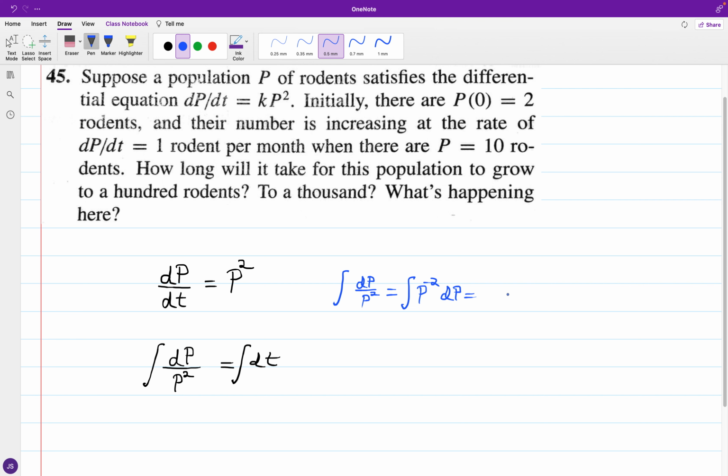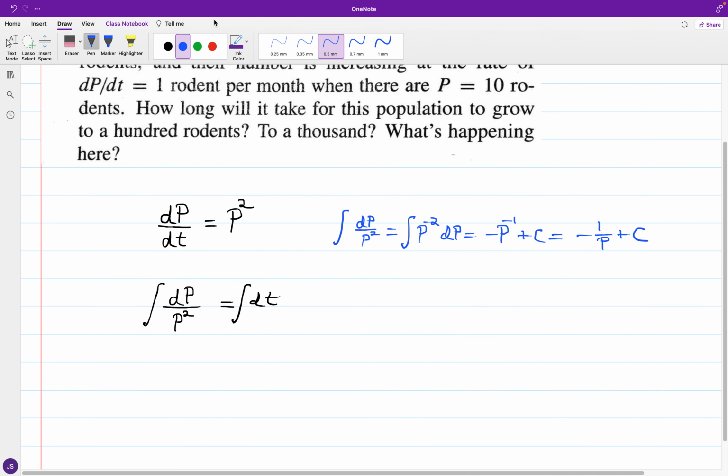With the power property, we have the negative of P to the negative 1, followed by the constant, which in the rewrite is the negative of the reciprocal of P followed by the constant. So we have negative 1 over P.